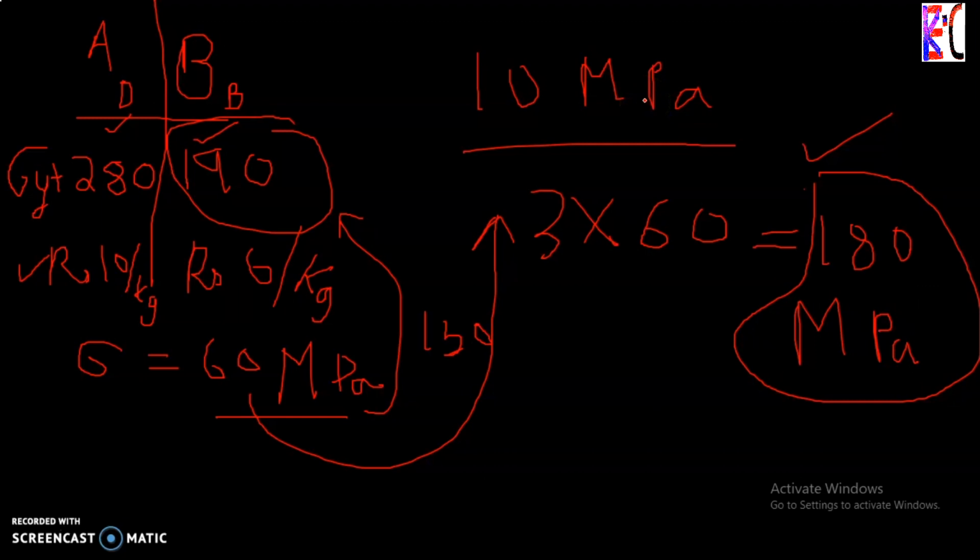I have 10 megapascal to withstand the maximum force I have calculated. Same for the applied stress here, the stress I'll apply is 60 megapascal, but here it is 190 megapascal. So the room is 130 megapascal.